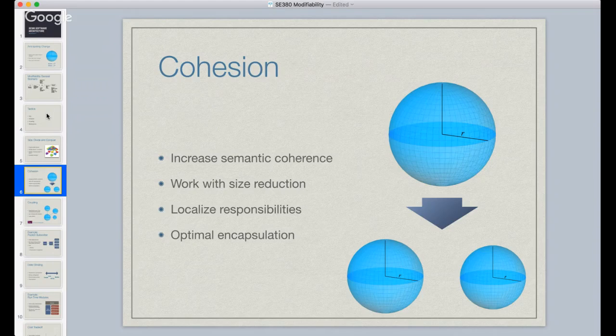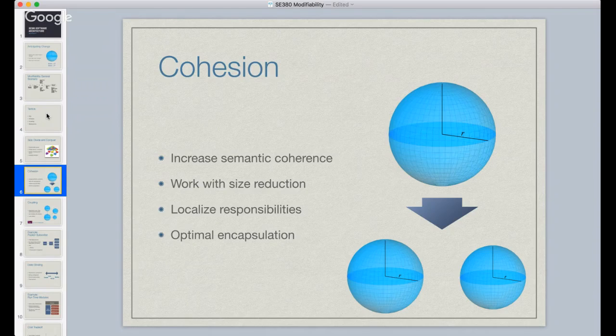Again, with my blue sphere representing the notion of our software component, I could potentially build a system as one giant mass of code. It doesn't have to be broken into smaller pieces. We immediately start breaking systems into smaller pieces when we attempt to address different architectural qualities.